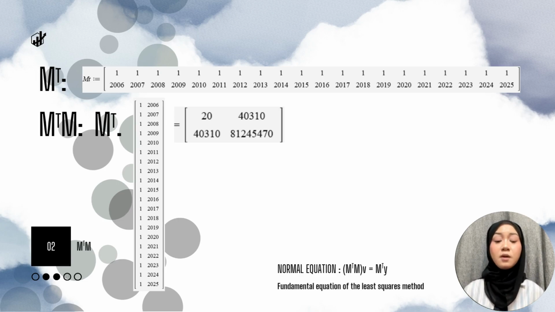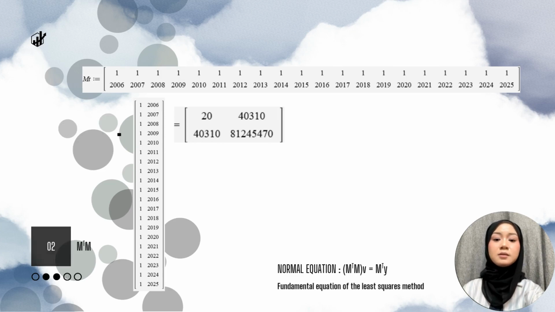This matrix forms the left-hand side of the normal equation and provides the coefficients needed to determine the unknown vector v. The normal equation is a key part of the least squares method as it minimizes the sum of squared errors between the observed inflation rates and the values predicted by the linear model.